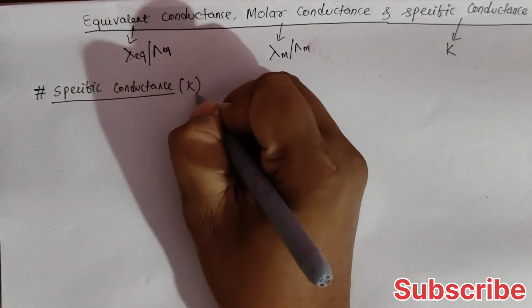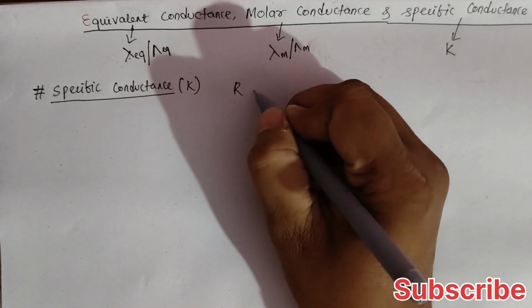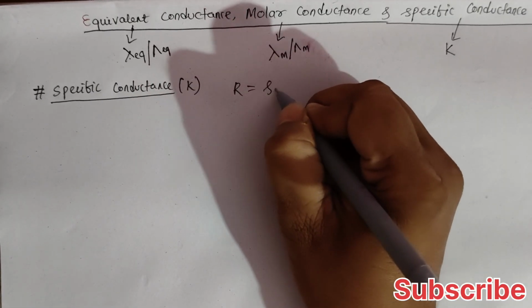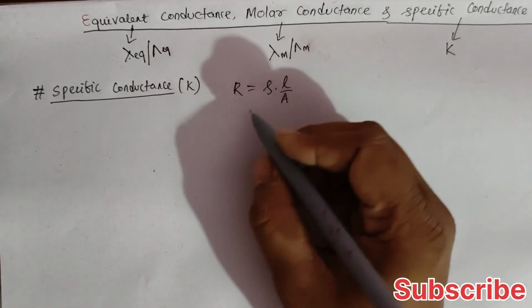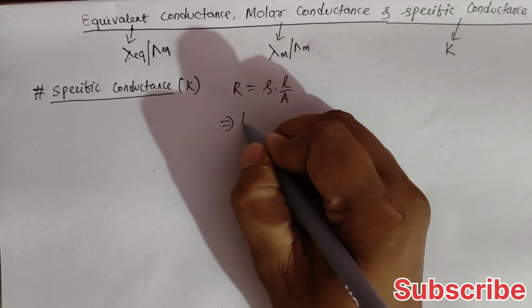Symbol is K. We all know the formula R is equal to rho into L by A. Clear? By reversing this, the reciprocal of R is called what?